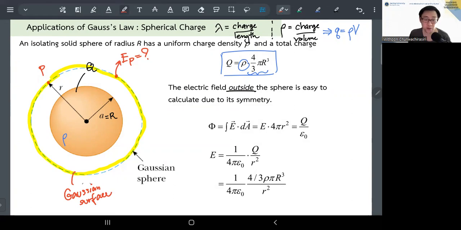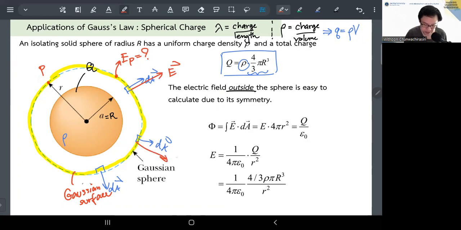So what you want to calculate is the net flux on this sphere. No problem, we did that before. It's in the form of a sphere, so the dA will point radially outward everywhere on this sphere, just like the previous example. And by symmetry, electric field lines are supposed to point out in the radial direction equally.